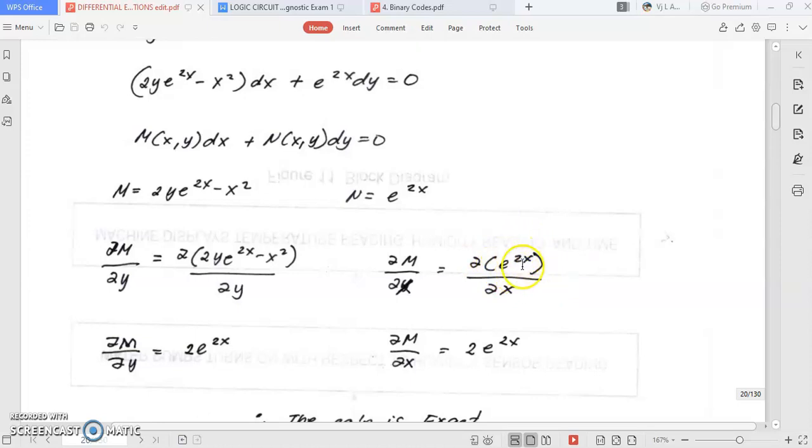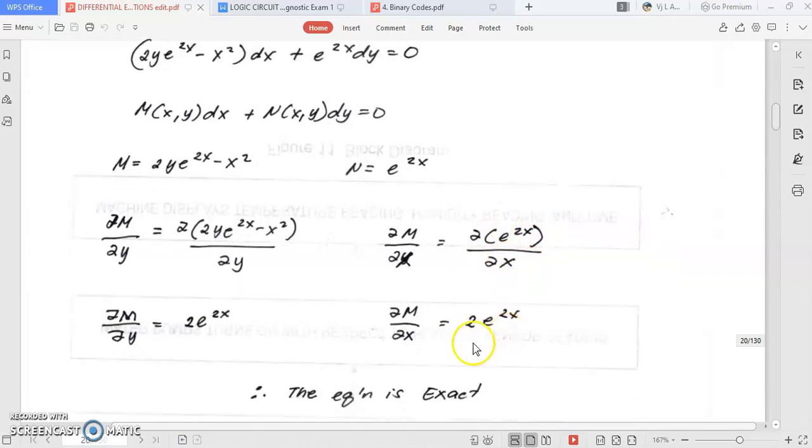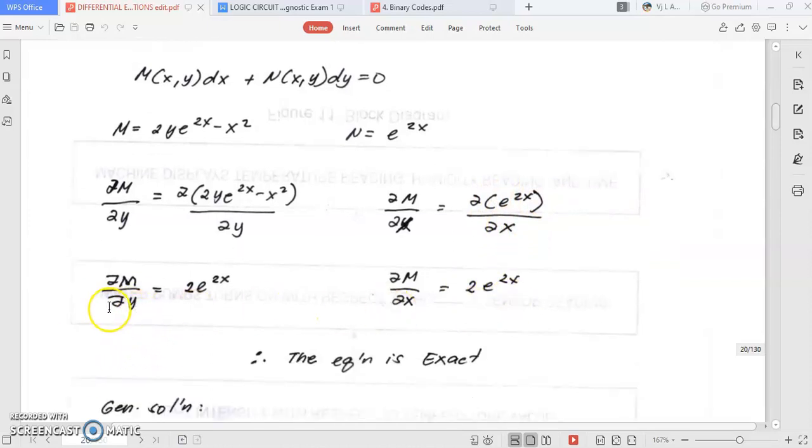So e raised to the power of 2x, your 2 multiply then copy. So that's how you derive exponential. If you could see, partial of M, sorry, this is N. I forgot, it's a typographical error when I wrote it. That is N. So if you could see, your partial of M and partial of N are equal.